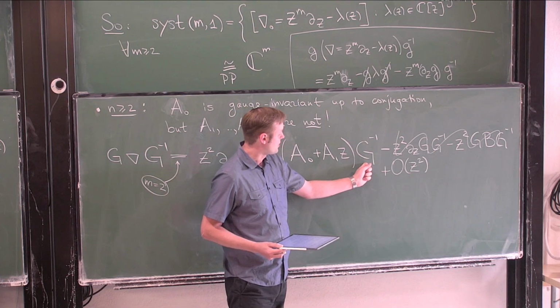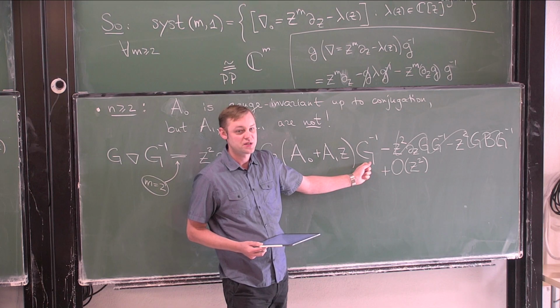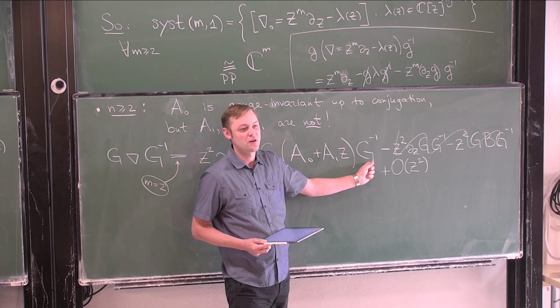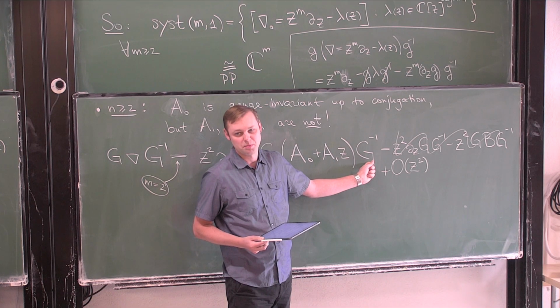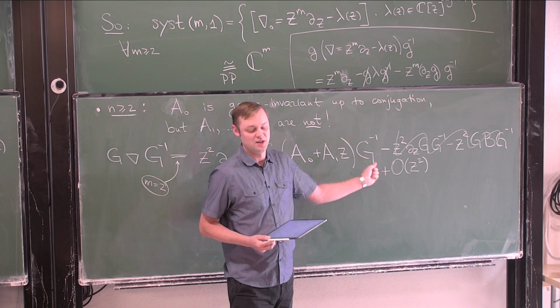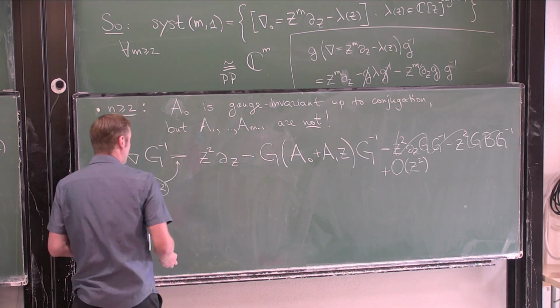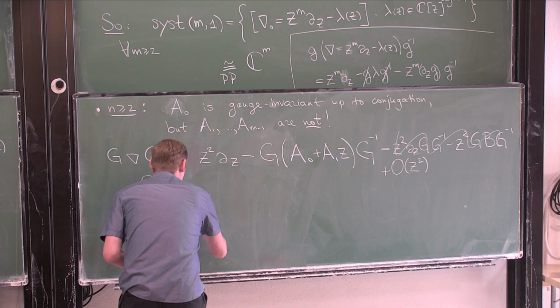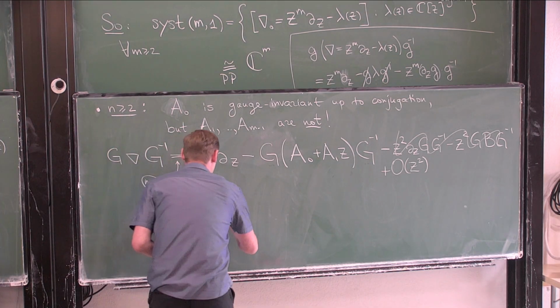There's one concerning thing: I want to expand G as a power series, but I have a G inverse. How do you compute the inverse of a matrix which is a power series of matrices? Here's a good skill to know. I'm going to write G like this.